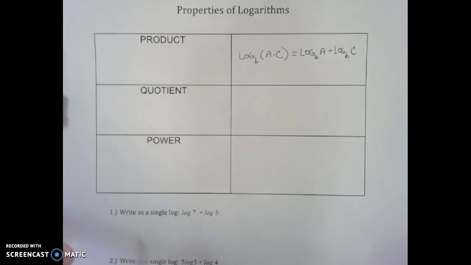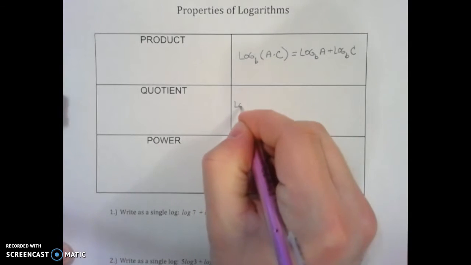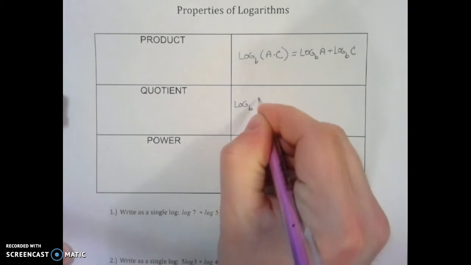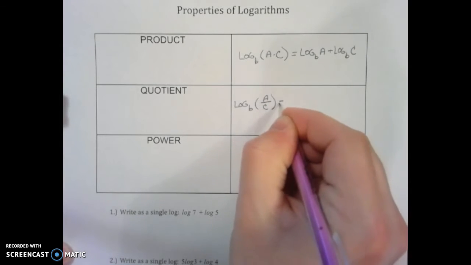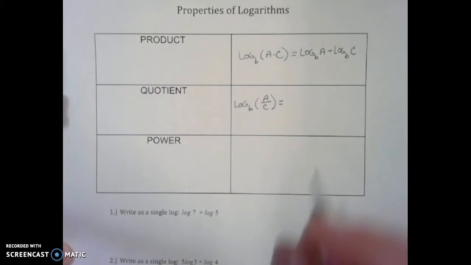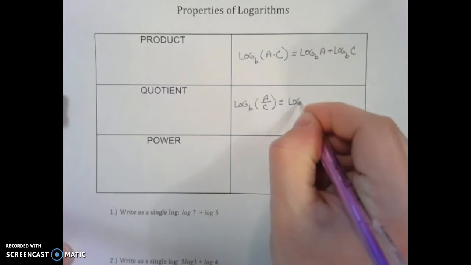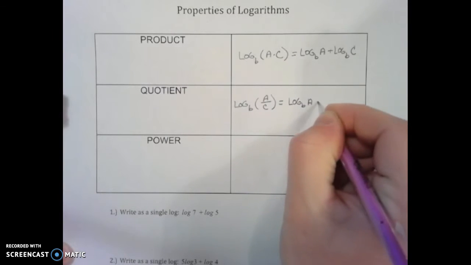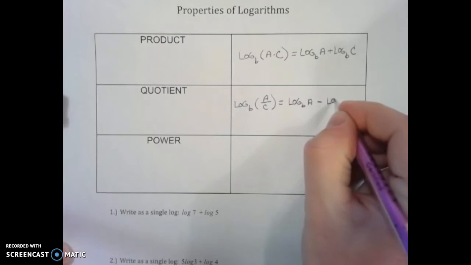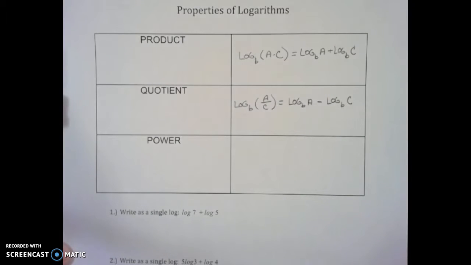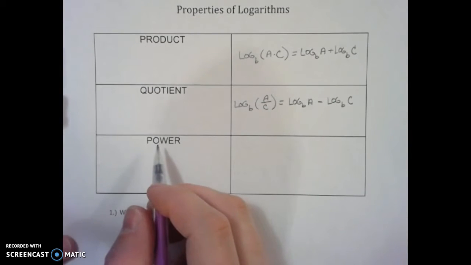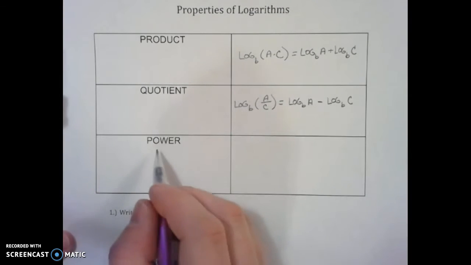If there's a quotient, for example, log base b of a divided by c, this time I can rewrite this as log base b of a minus log base b of c. Same thing if we have a power, there's a different rule.